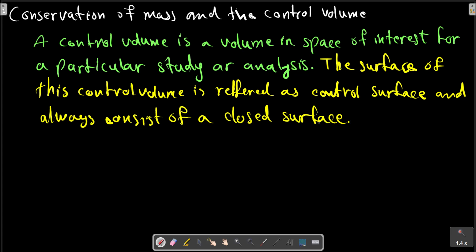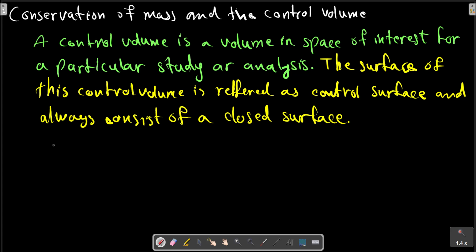The size and shape of a control volume are completely arbitrary and so are defined as the best suited to the analysis to be made.